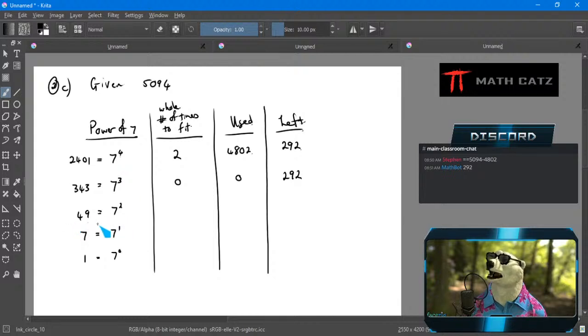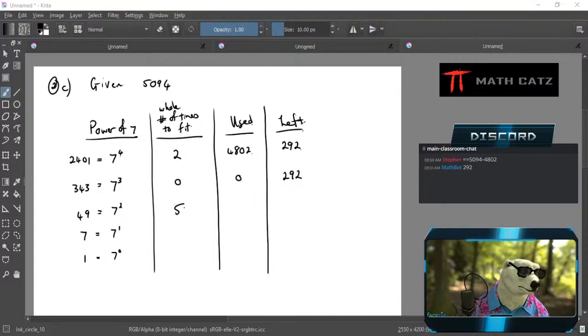Then 49 is my next group size, and I can certainly fit a few of those in. This is close to 50, and 50 times 5 is going to be 250. So I'm thinking 5, but I am maybe not 100% confident.